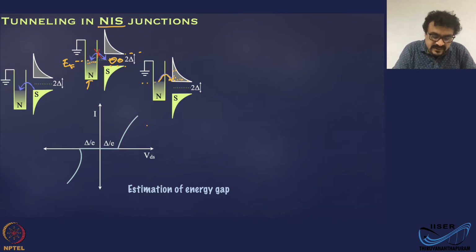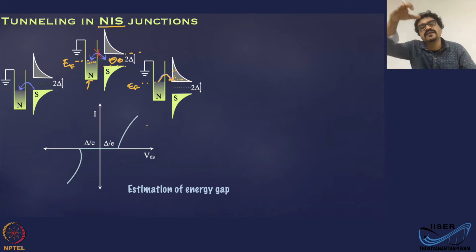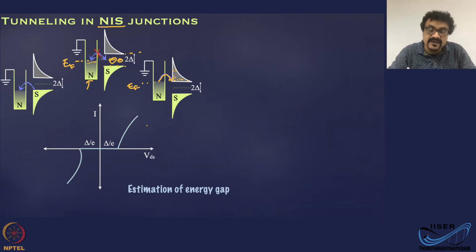This was EF. So when you lower the superconducting side with respect to the metal side by delta, then you have available states for the electrons. Then the tunneling will happen, and current will increase as a function of voltage.